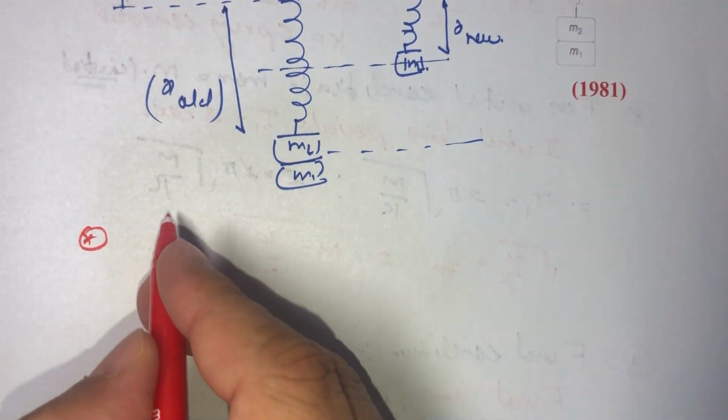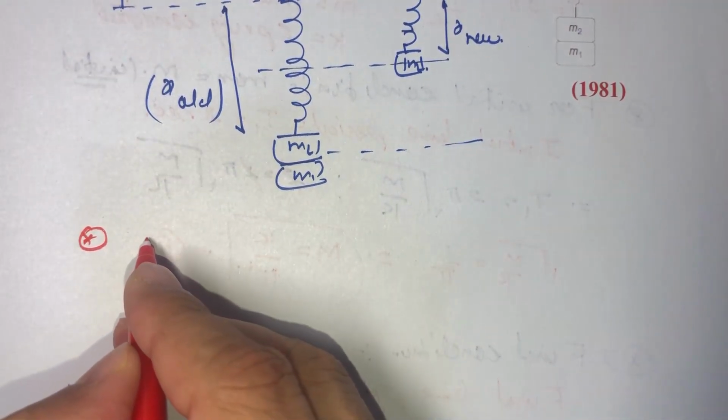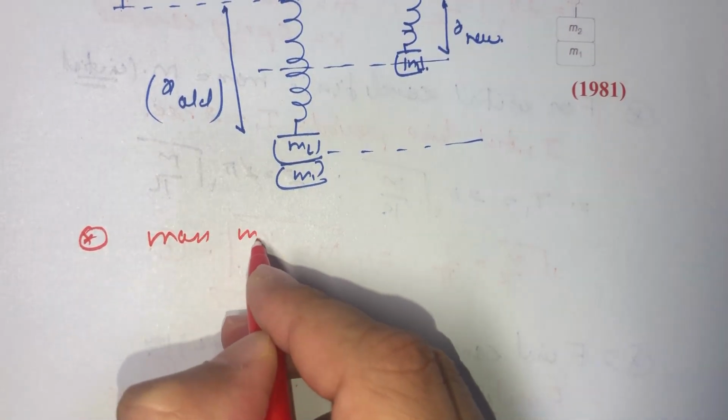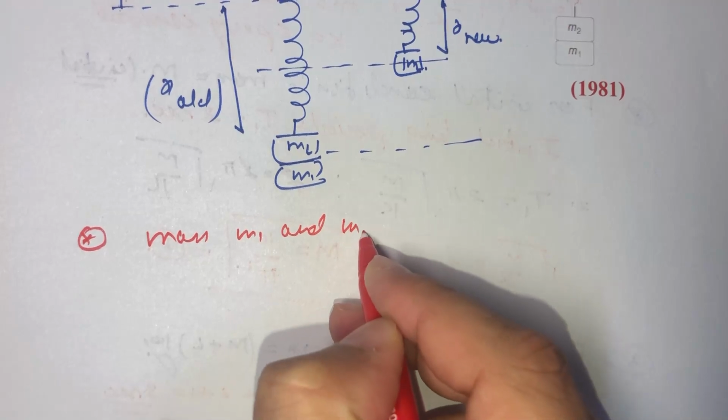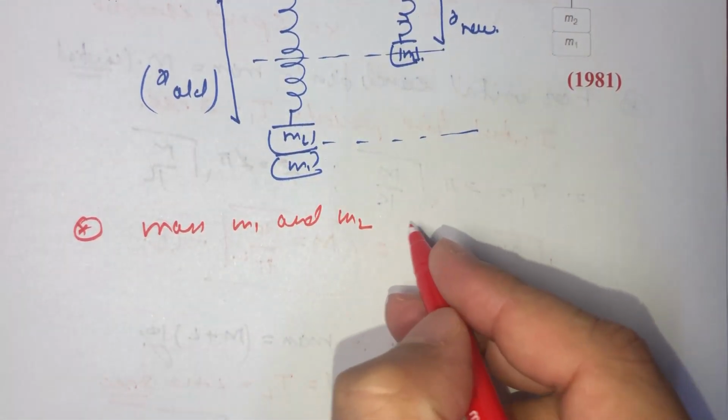So masses m1 and m2 are suspended together.